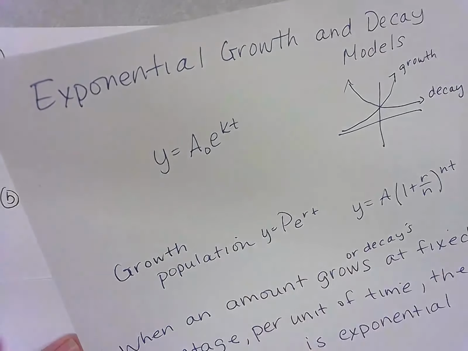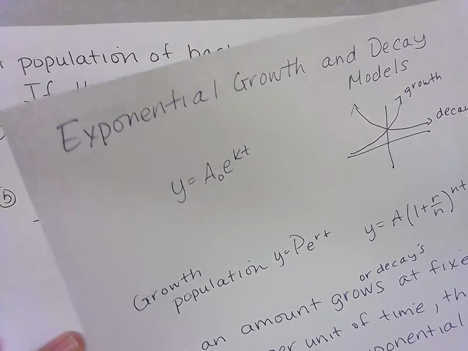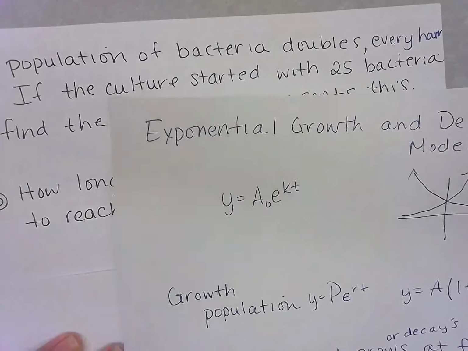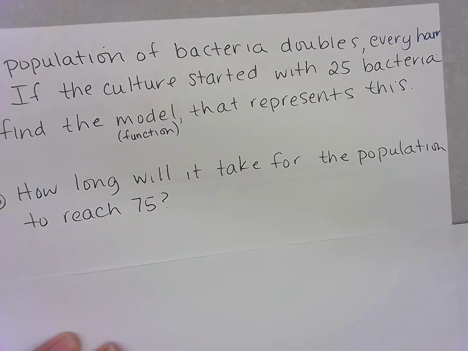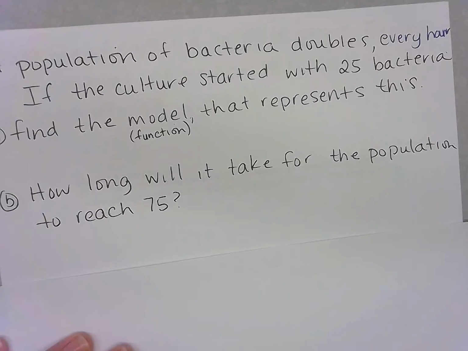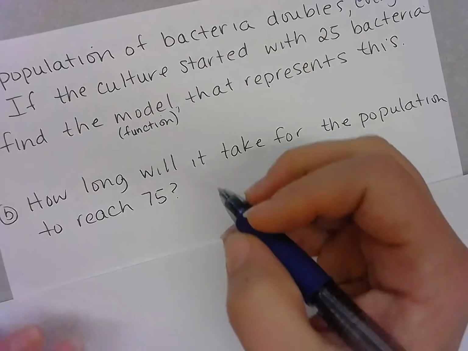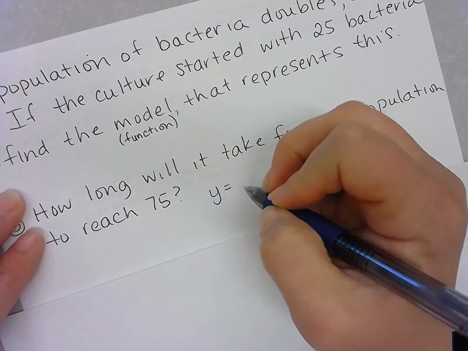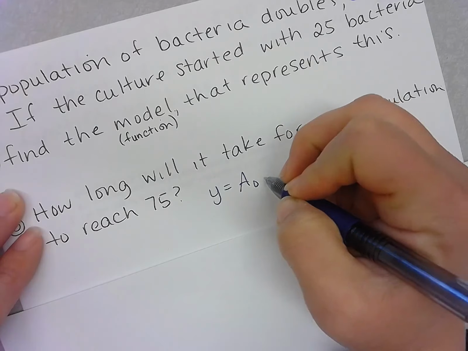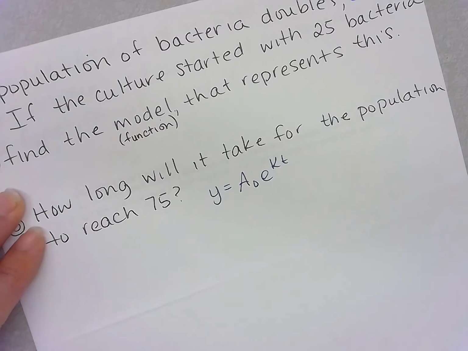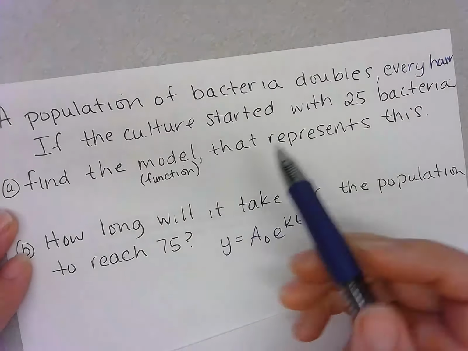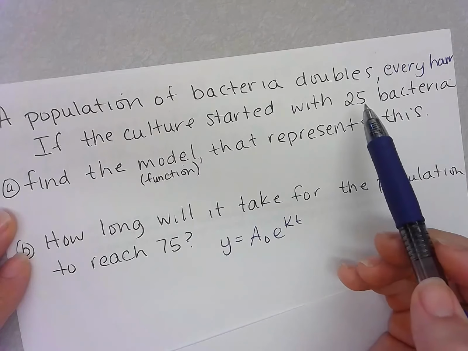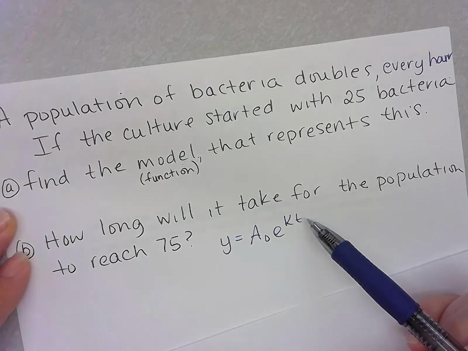The easiest thing to figure out first is that we know that the culture started with 25 bacteria. So if we think of this as our y equals a naught e to the kt, we know that this started with 25.